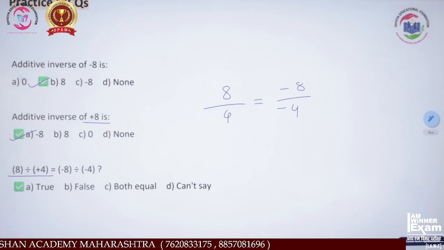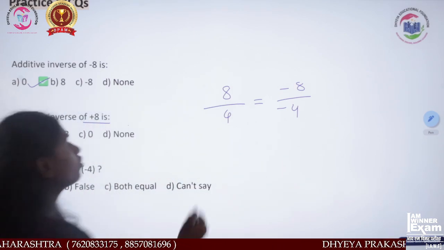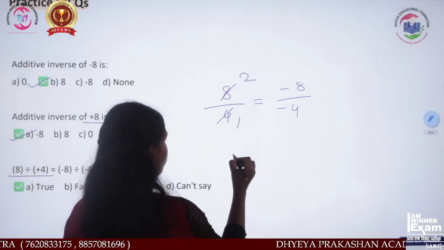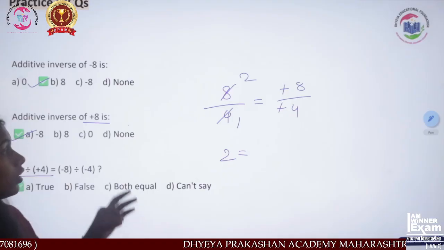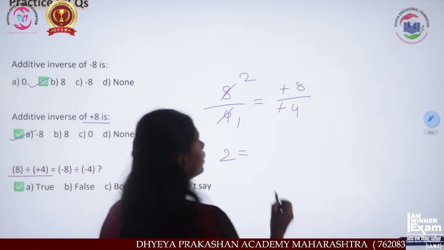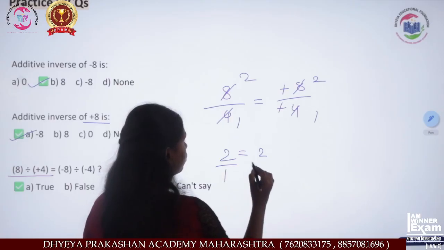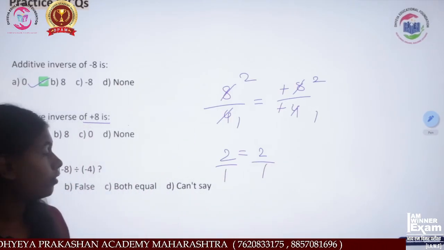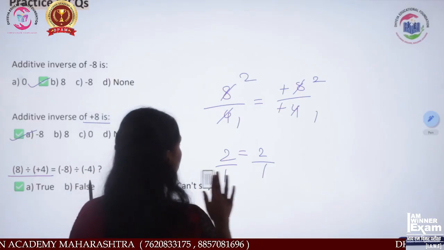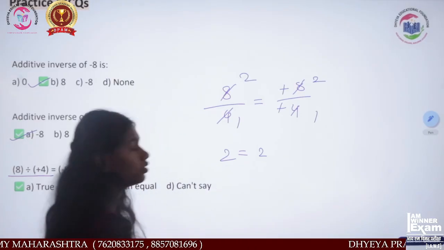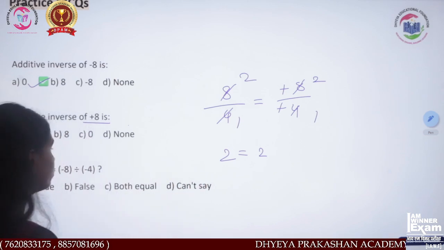So let's check if both numbers are the same after division. 4 ones are 4, 4 twos are 8. So what is here? That is 2. Minus minus will cancel and it will become plus. Okay, then 4 ones are 4, 4 twos are 8. Again here 2 by 1. If you do not write this downwards, it is okay, because it is only 1 there.